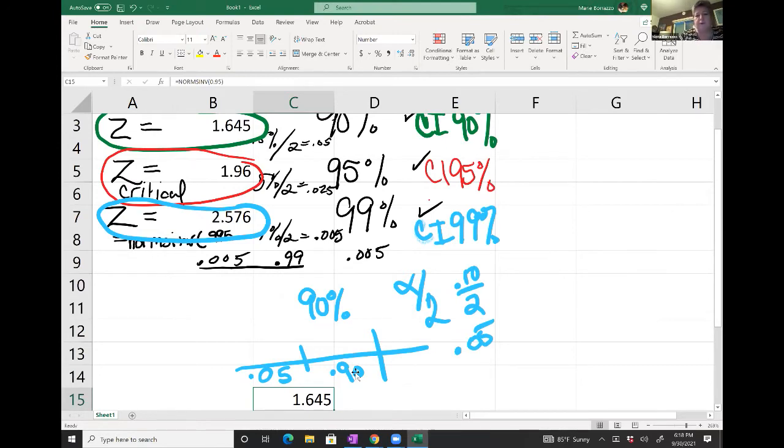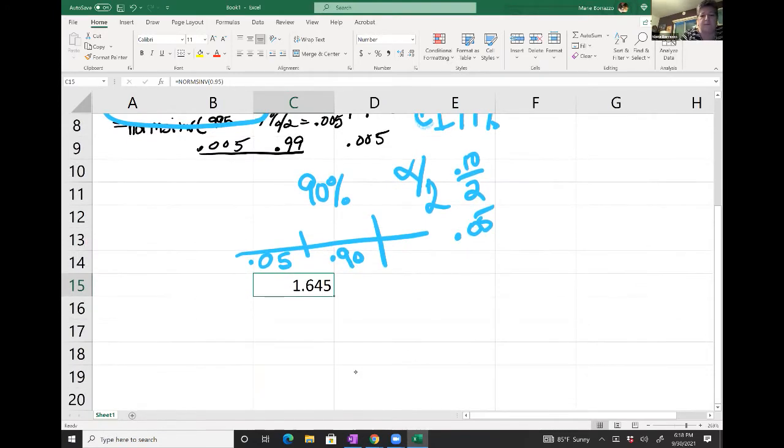For the 1.96, if I do the 95%, just to restate the obvious, 100 minus 95 is 5%, which converted to a decimal is 0.05.